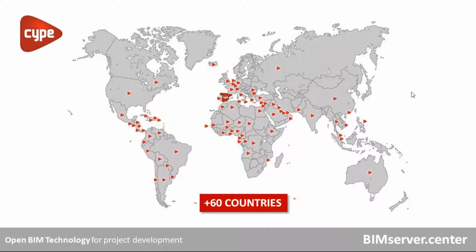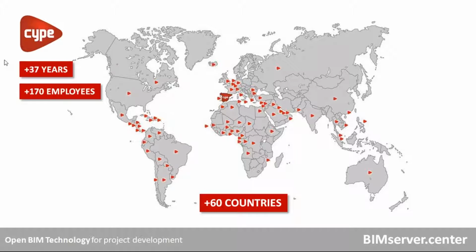Okay. First of all, let's speak about CIPE. CIPE is a big company located in Spain, but we also have a presence in a lot of countries. We have 37 years of experience, 170 employees and more than 100,000 users spread all over the world.